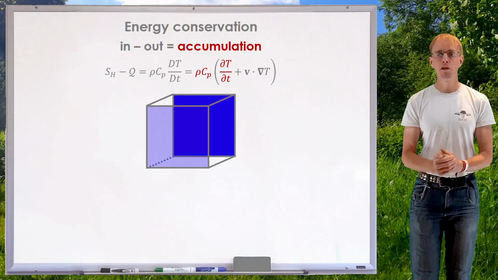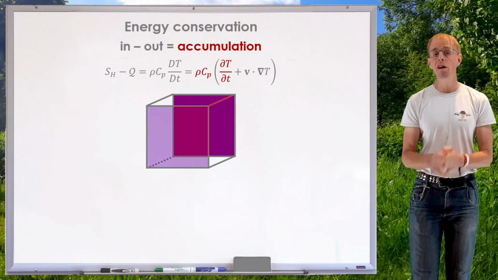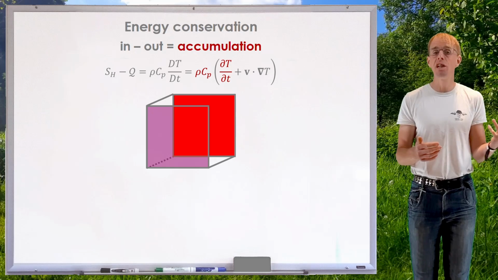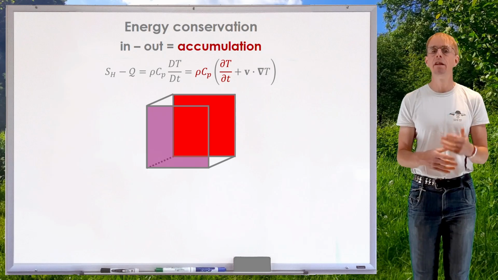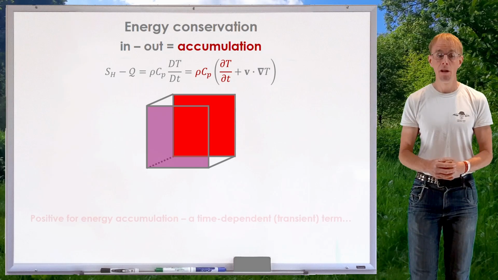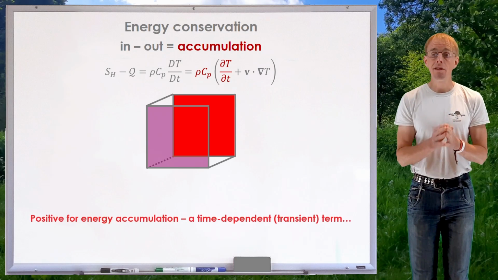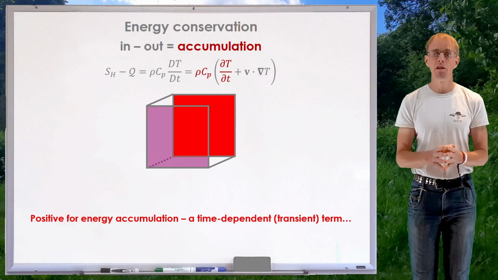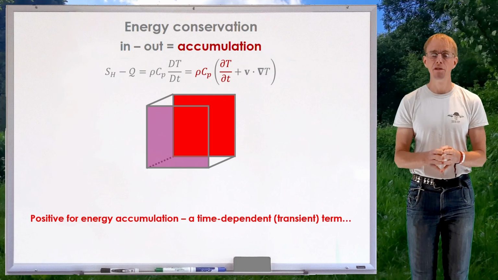Let's say a heat transfer process happens, and over time, my little control volume warms up because there's more energy coming into it than there is leaving it. And so this is simply an accumulation term. And so again, the accumulation term is positive for an energy increase. And of course, this is time dependent.